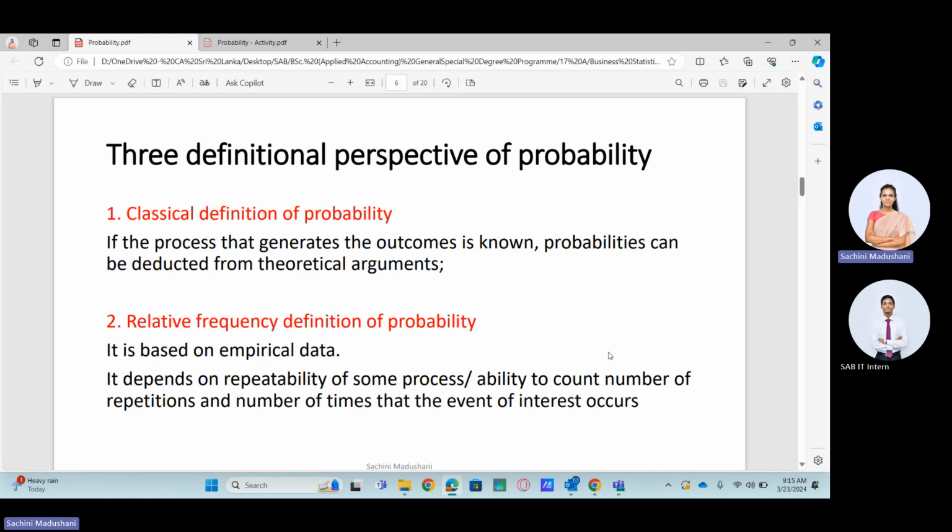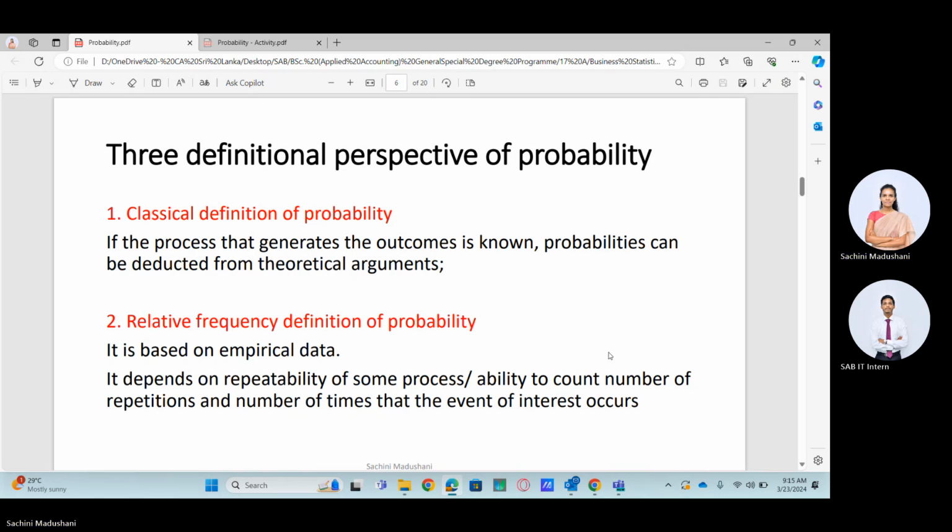Please toss a coin. We can directly say the probability of getting a head is 0.5, and getting a tail is 0.5. We cannot do any experiment. Conducting the experiment is not important to express the probability value.